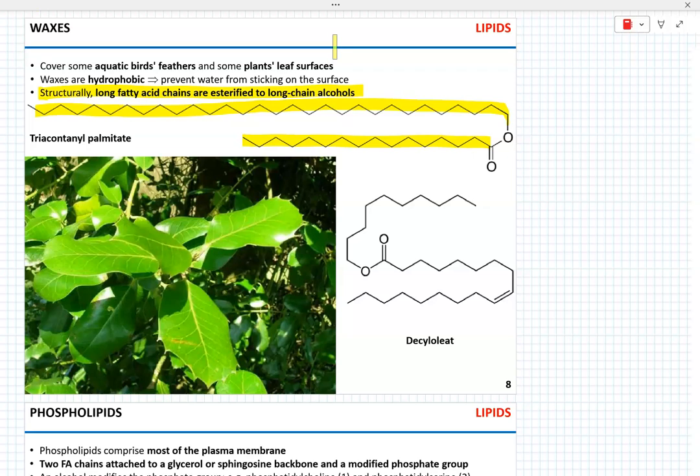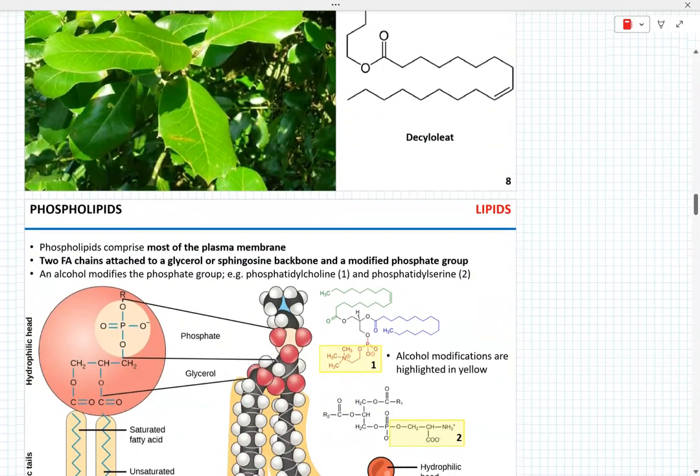When they cover a plant leaf surface, they prevent water from sticking to it. When they cover the feathers of aquatic birds, they carry out the same function. So feathers of birds and plants' leaves are two main locations for the waxes.